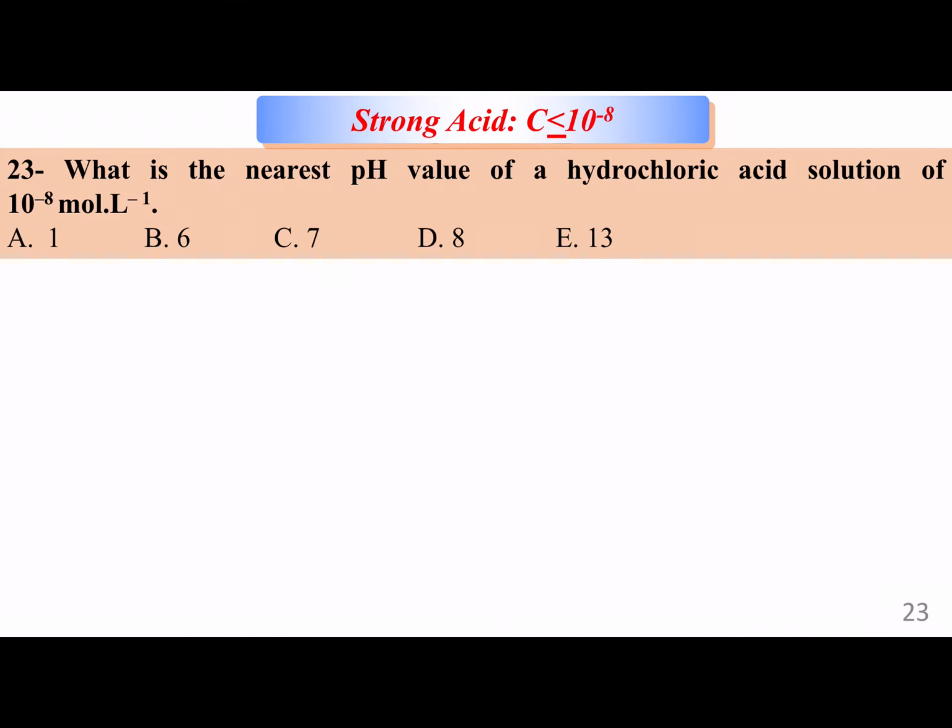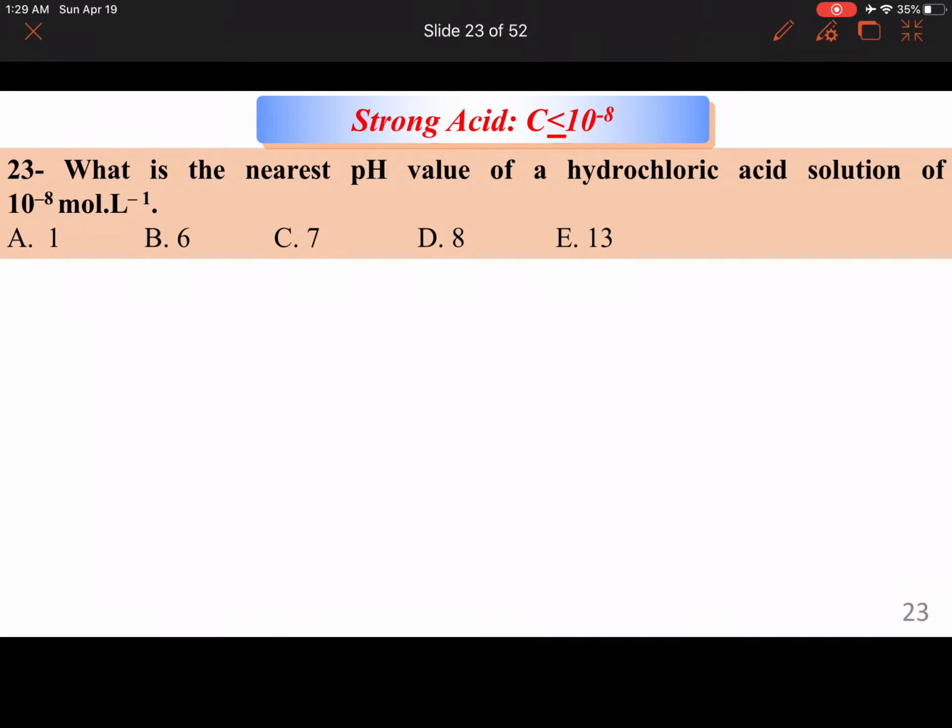And now it's actually a little bit of a new theory. Here's a strong acid, HCl, and they gave you the concentration 10 to the minus 8. And yes, guys, at first sight, you may think, oh yes, that's great.